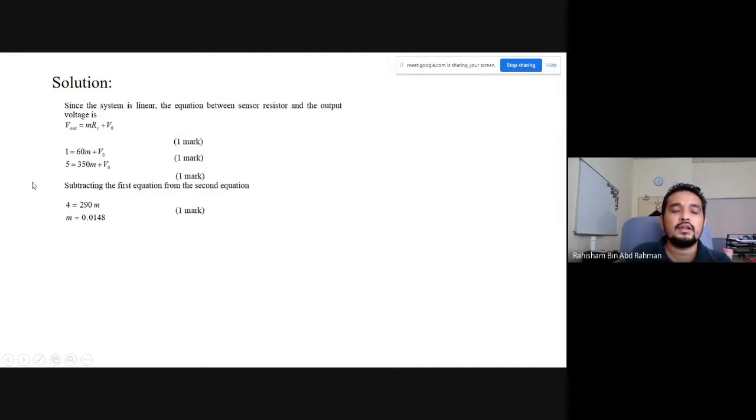Based on these equations we can calculate M. You solve these two equations to obtain M. You can simply use calculators if you want, or do manual calculation. Equation 1 minus 2 will give you M as 0.014. So we know the value of M is 0.014.